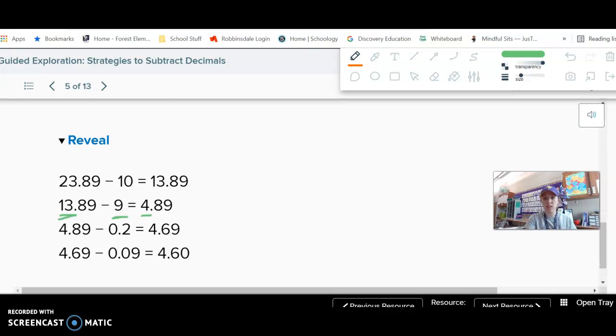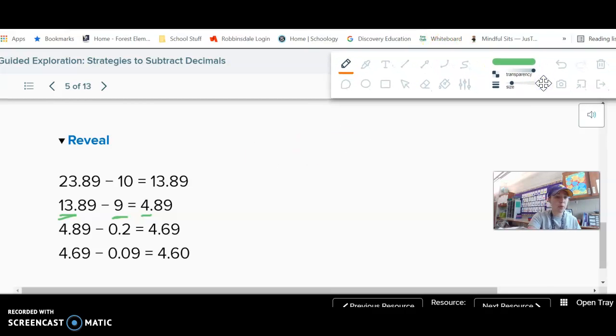Notice I haven't subtracted any decimals, so my decimal has not changed. But now my whole number is going to stay the same, but I'm subtracting 2/10. 8/10 minus 2/10 is 6/10. And then 9 hundredths minus 9 hundredths, I don't have any hundredths left. So I just get 4 and 60 hundredths.